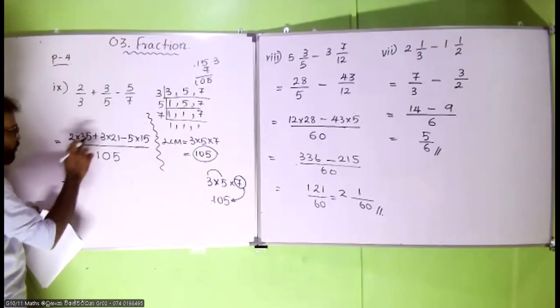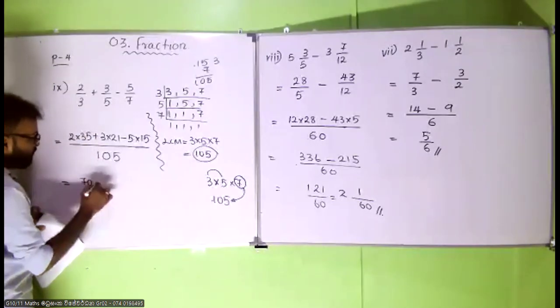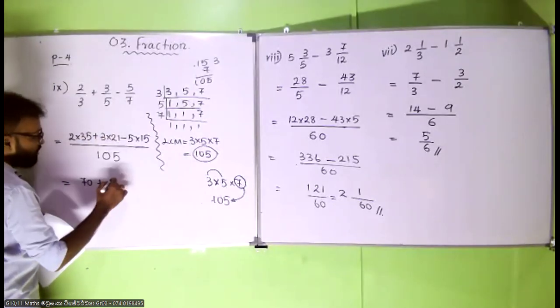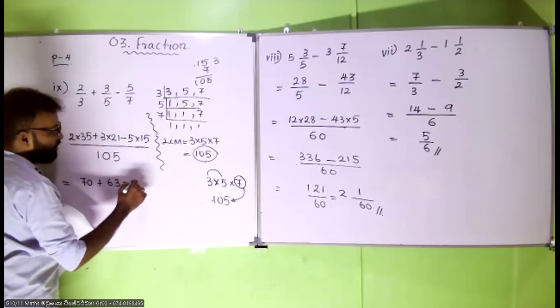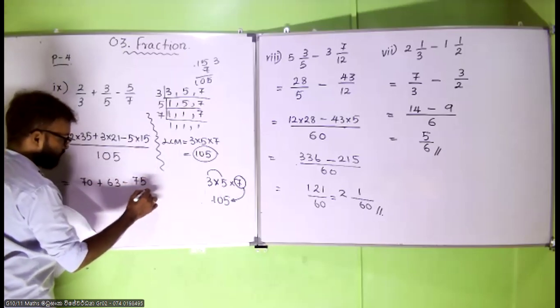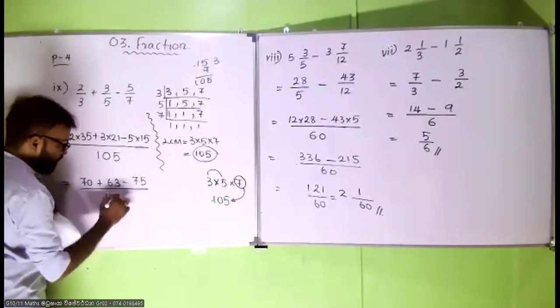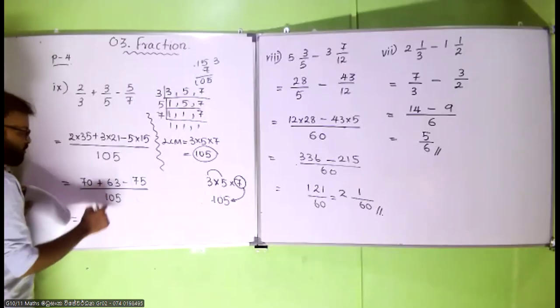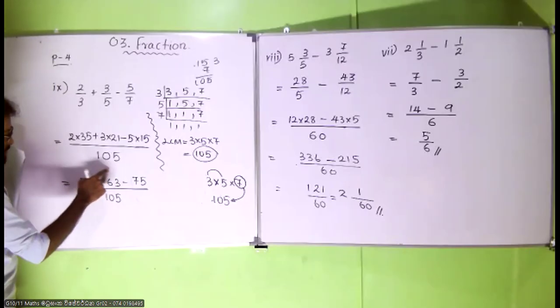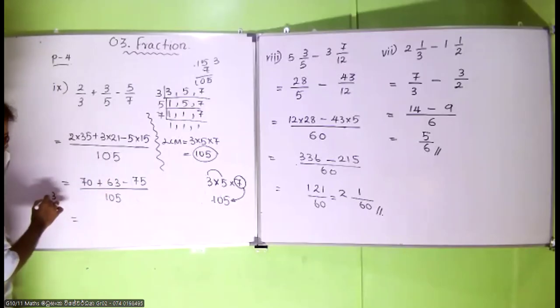Equal, 2 times 35, 70, plus this one, 63. Then 75, right? Over 105. Equal mark. And these two together, 70 plus 63, 133.